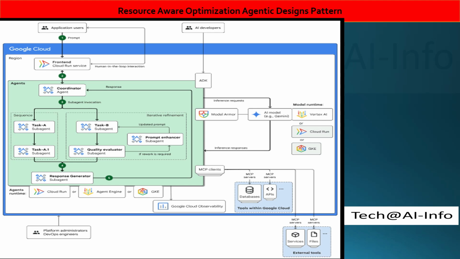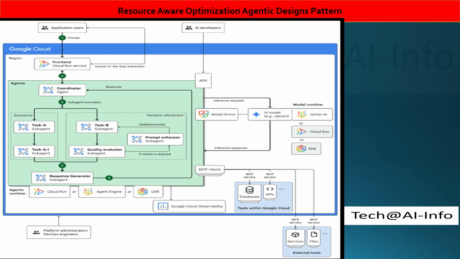Then there is a task interpreter, which understands what kind of task it is: simple QA, deep reasoning or a heavy task. Then resource monitoring, which is the critical window. Resource monitoring continuously tracks GPU, CPU, memory usage, token and cost budget, and SLAs.